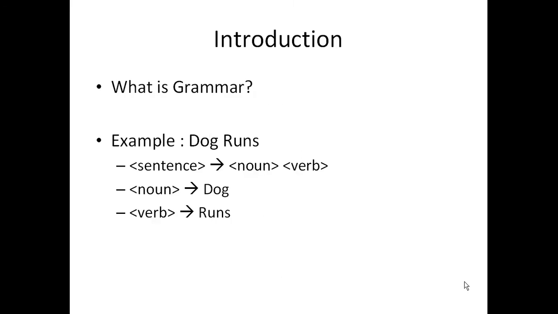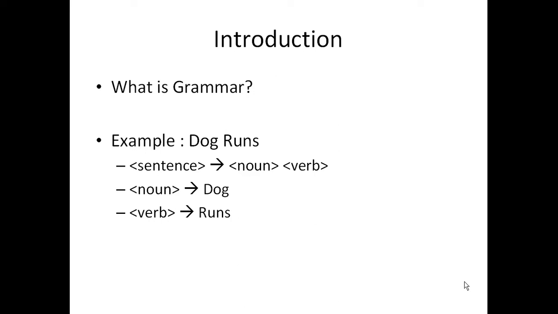So let us begin. Basically, what is grammar? Grammar for a particular language is defined as the finite set of formal rules for generating syntactically correct sentences. We can also say that grammar defines the syntax of a language. Consider an example. Suppose we want to generate the English statement "dog runs". We will be using the following rule as shown on the screen.